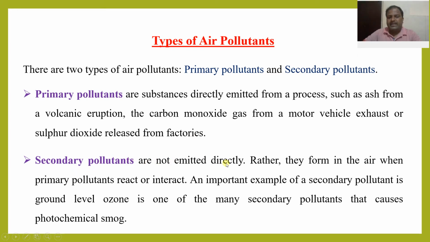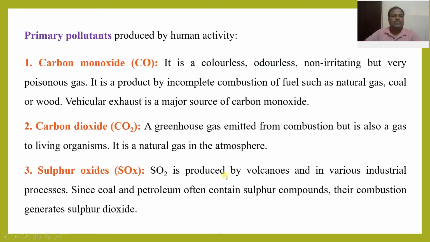These are not emitted directly; rather they form in the air when primary pollutants react or interact. An important example of a secondary pollutant is ground level ozone, one of the many secondary pollutants that cause photochemical smog.